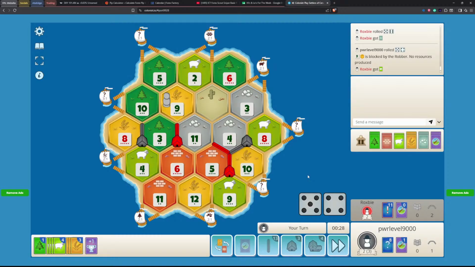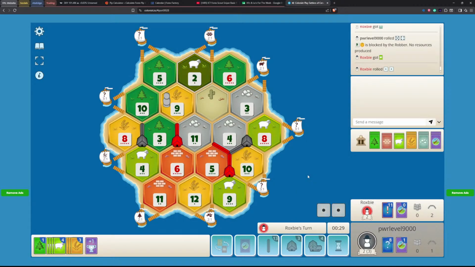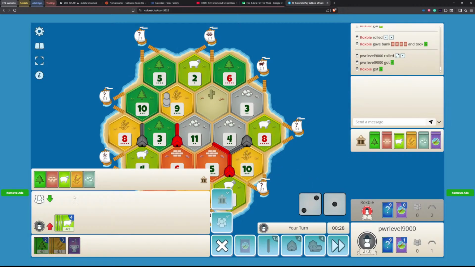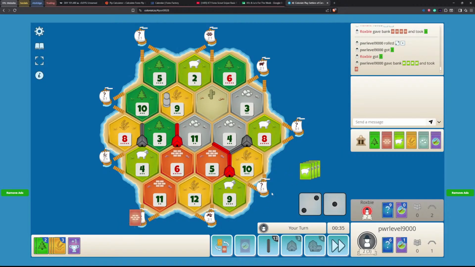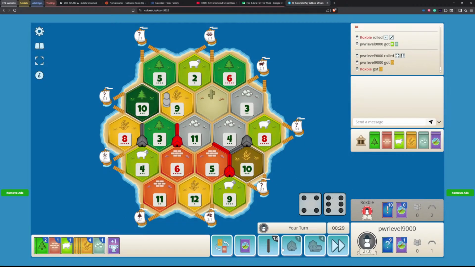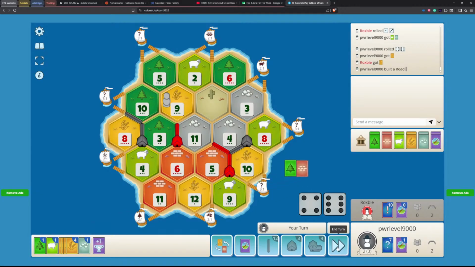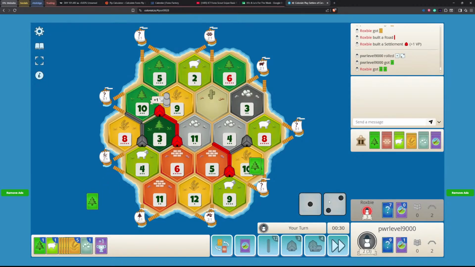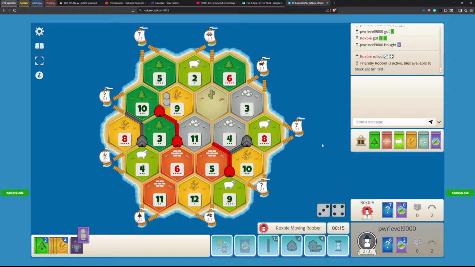I can't believe it. He just did that as well. I need to get brick. He has 2 tree. Won't be able to block me off. Go here. Really? Oh, I could have used that to get brick. What am I doing?